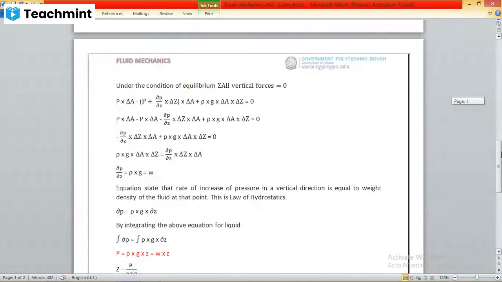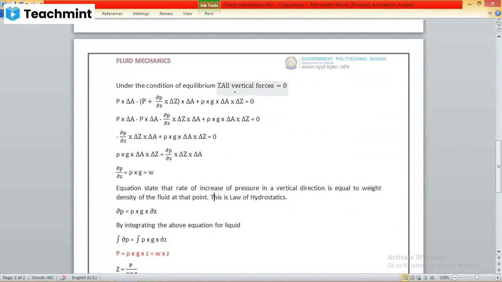So these are the four categories of forces which are acting, and within that our consideration is the vertical force, because we are calculating pressure inside the fluid, meaning we are considering the depth of the fluid element.